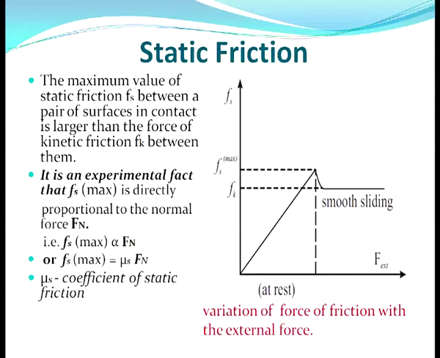That means here the proportionality sign is replaced by the equal sign, and there is a constant of proportionality, that is mu s. And what is this mu s? Mu s is the coefficient of static friction. Here you can see the graph between force of friction and the external applied force.